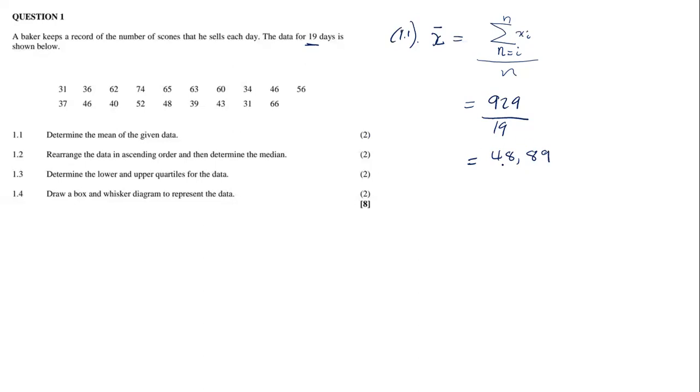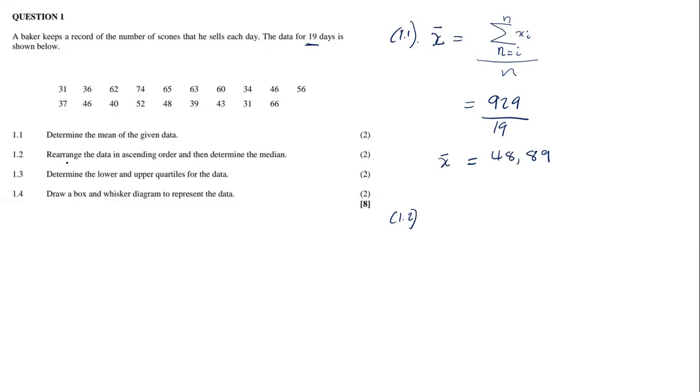This is the average number of scones he sold within 19 days. That will be number 1.1.